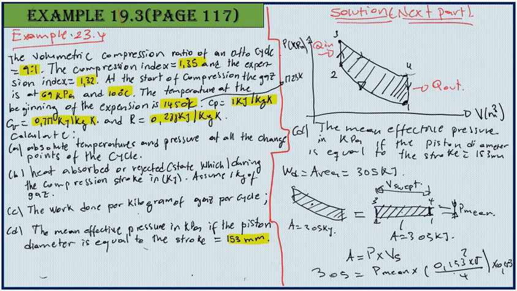So this transformation is useful to determine the mean pressure. The mean pressure is the pressure which is assumed to be constant, because on this cycle the pressure changes, as we can see here, from 0.3 to 0.4.